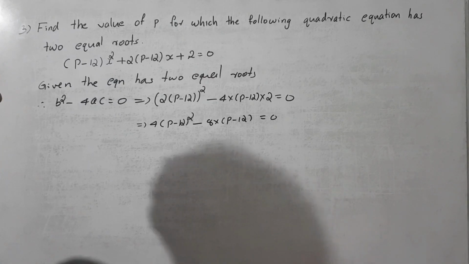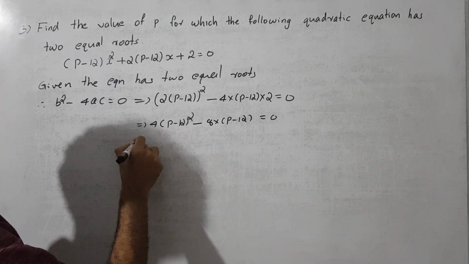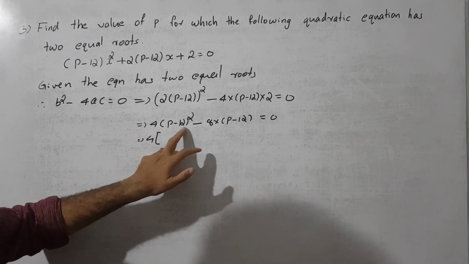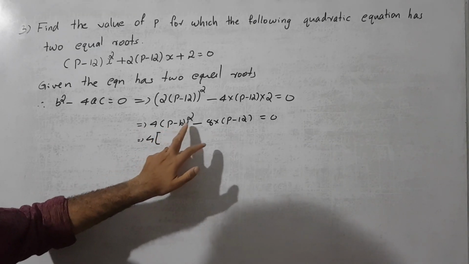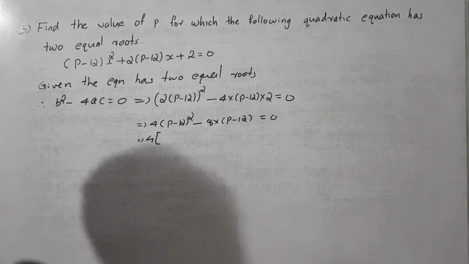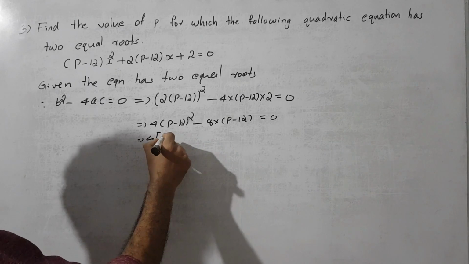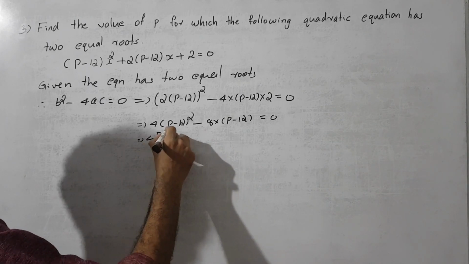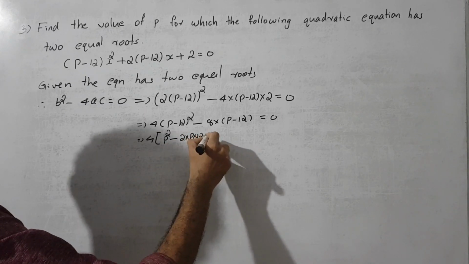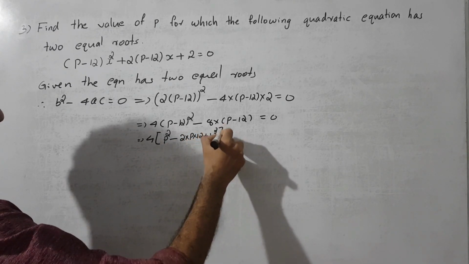Okay, then here it is very clear, this one is in the form of a minus b whole square. What is a minus b whole square? A square minus 2ab plus b square, correct? Then we apply a square minus 2ab plus b square.